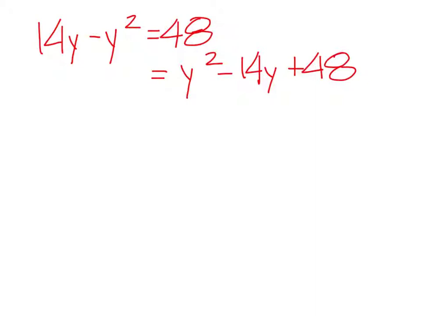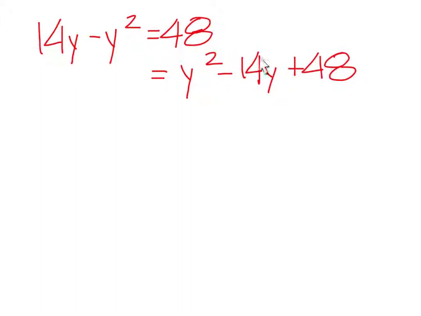Are there two numbers that will multiply to give me 48 but add to give me a negative 14? Do you remember the sign combinations here? If you have a minus there and a plus at the end, your two factors have to be of what sign?